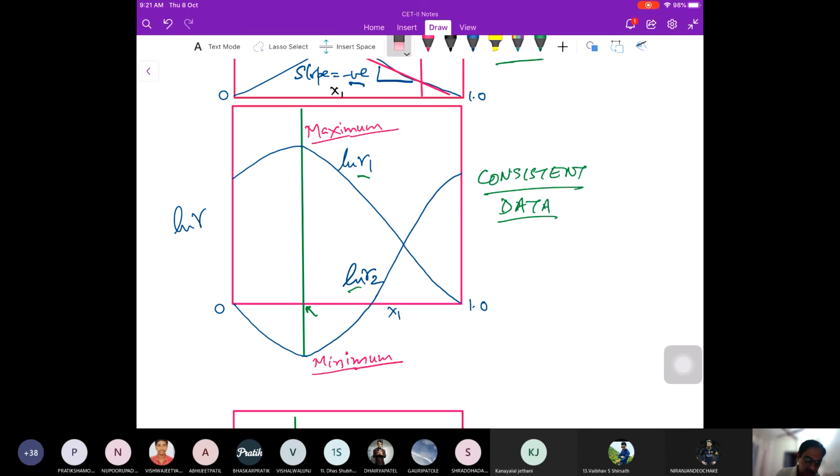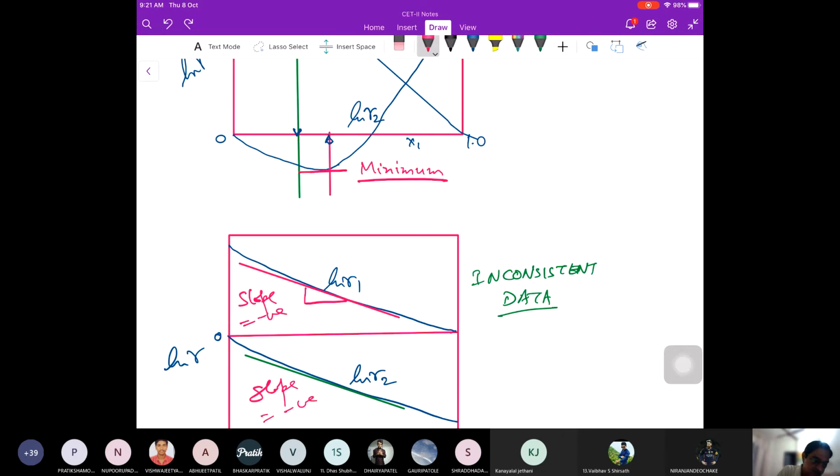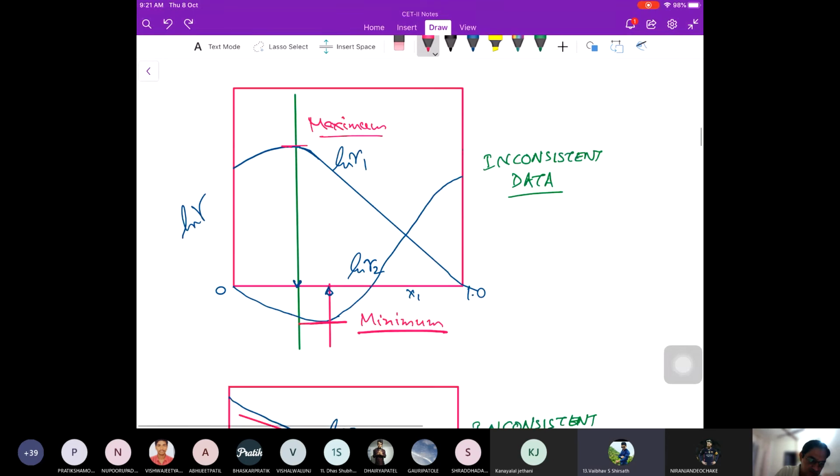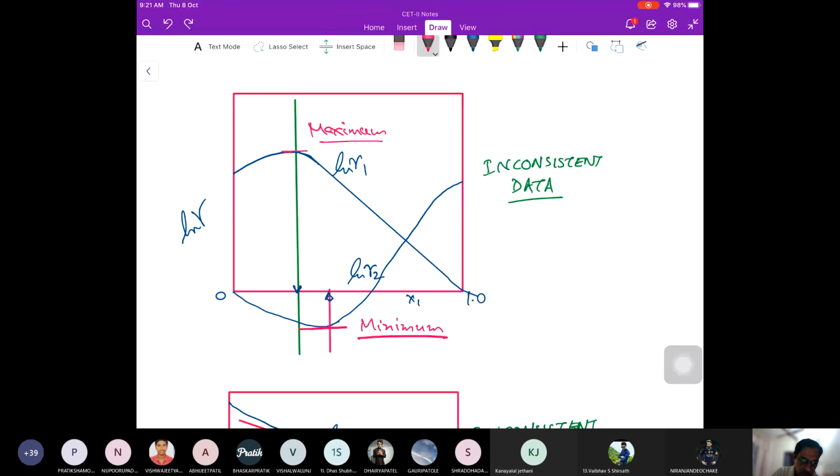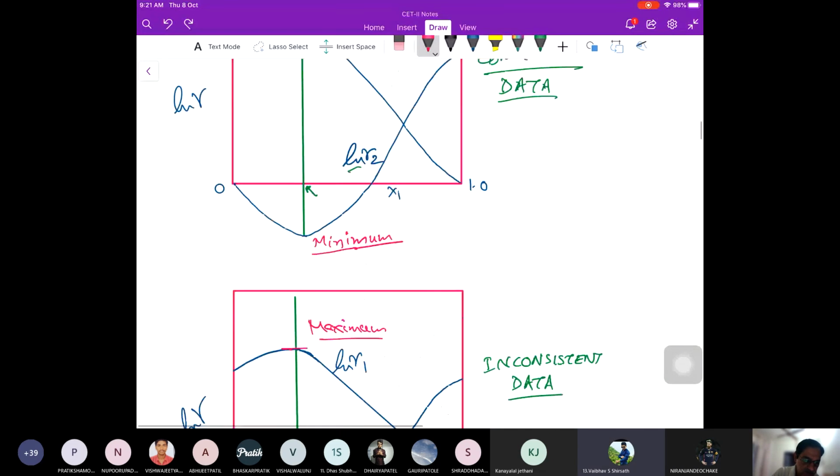So if I look at maximum and minimum, what is the value of the first derivative? Zero.